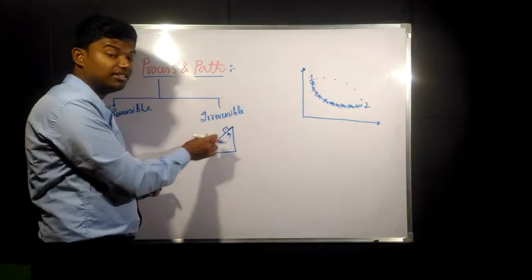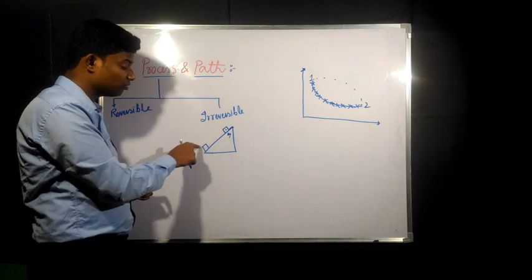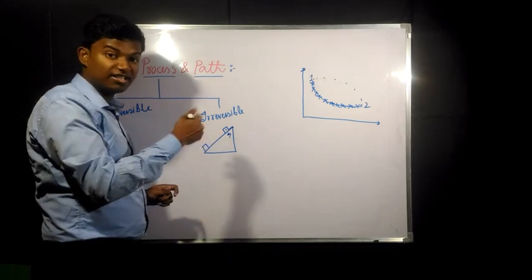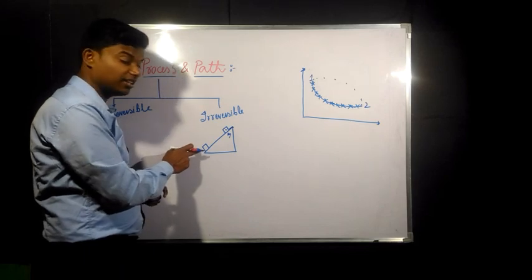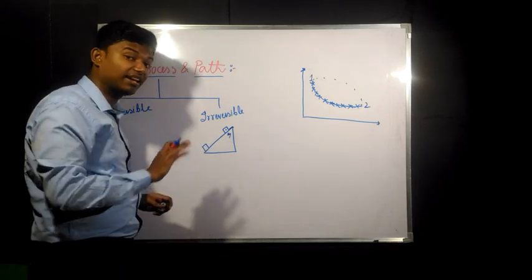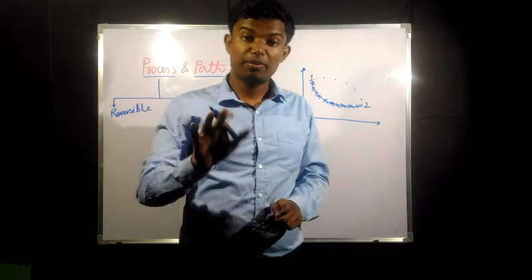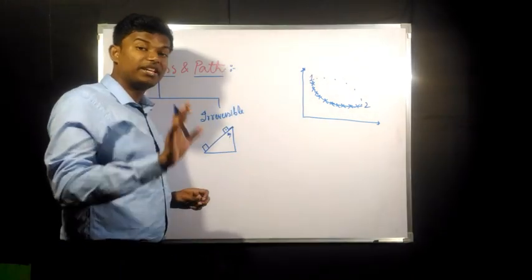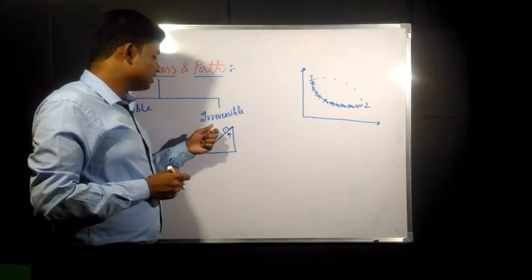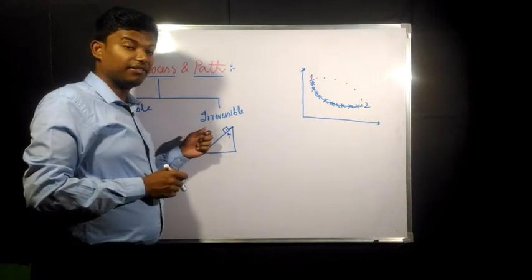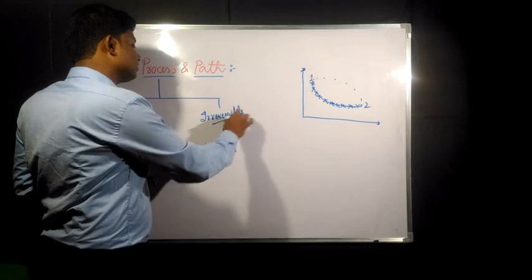In both these cases, while coming down and while pushing it back to the initial place, some energy is expended in terms of frictional losses. Okay, so this cannot be reversible, so this will be called irreversible.